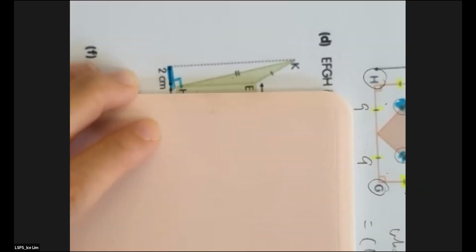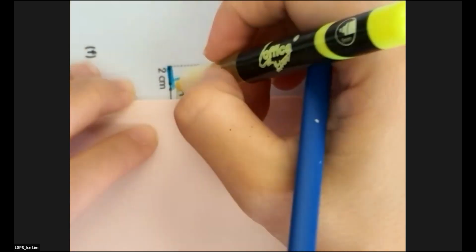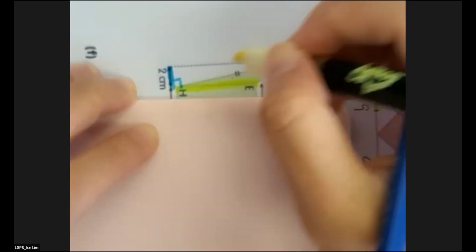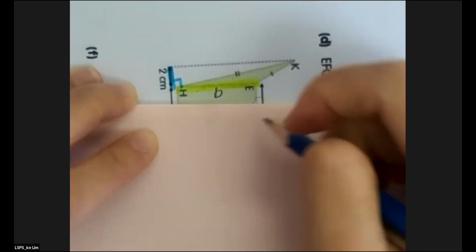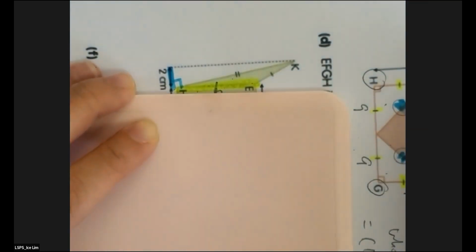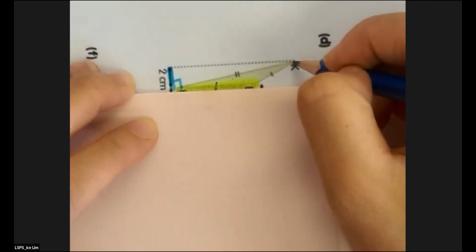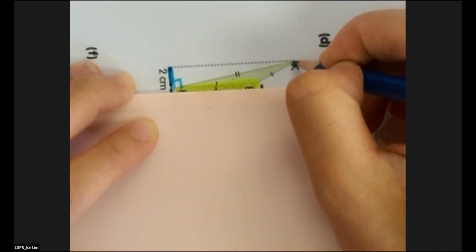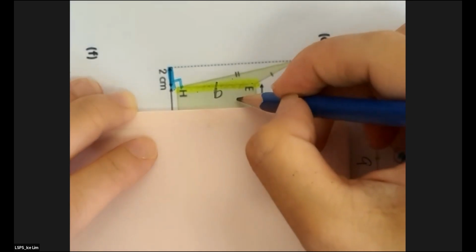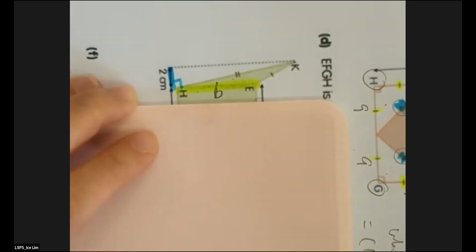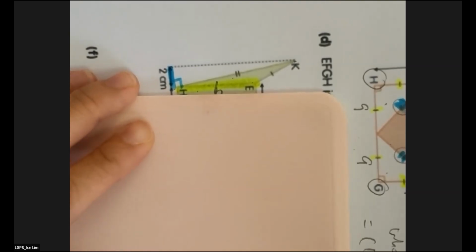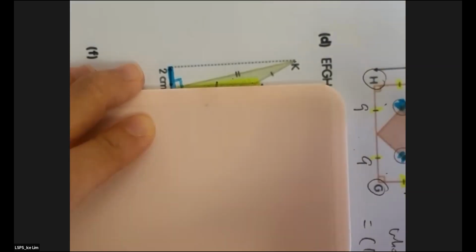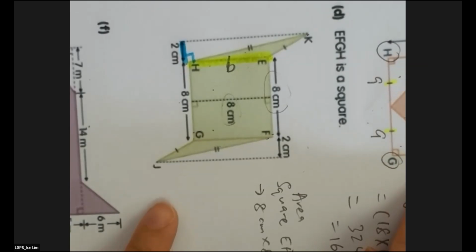If I ask this triangle to stand upright, this is the base here. And the tip of the triangle is here at K. Can you see the base? Cannot. So this is the triangle, which is the same triangle as this one here.